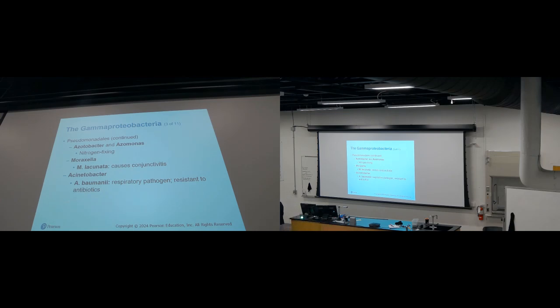Acinetobacter baumannii causes respiratory infections, pneumonias. It can typically infect or contaminate ventilators if they're not properly disinfected. And this one causes a lot of infections, and it's resistant to many antibiotics.